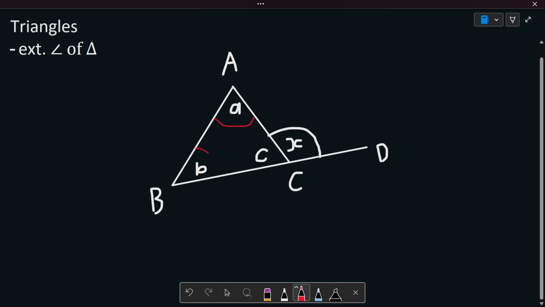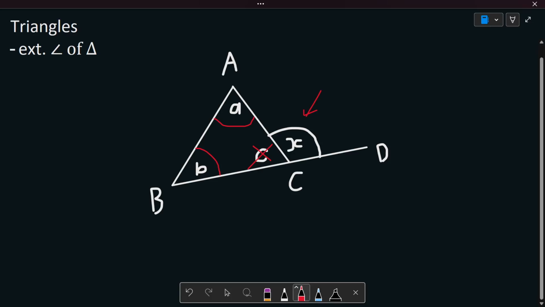I know it's a lot of words, so I'm going to say that again. The exterior angle is equal to the interior opposite angles, meaning the angles on the inside of the triangle and opposite to this angle. Note that we are not going to be including the C in that equation.